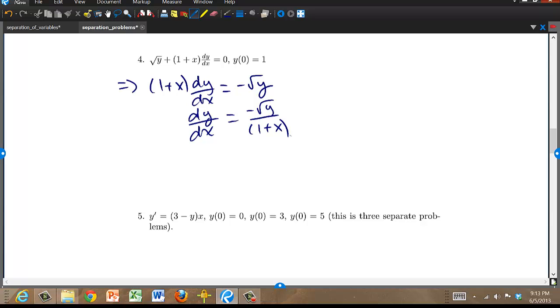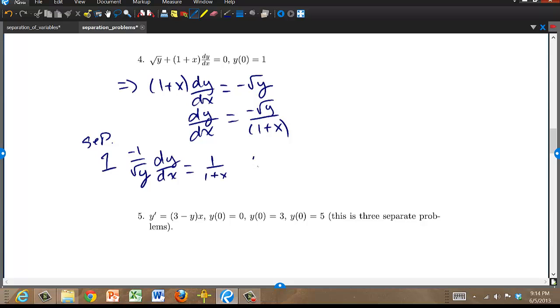All right, and now we'll go ahead and separate. We'll have negative 1 over root y dy/dx equals 1 over 1 plus x.